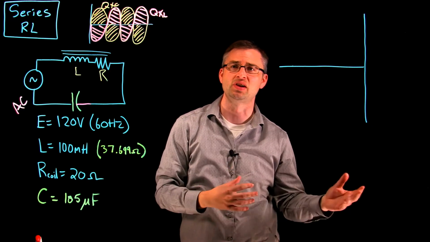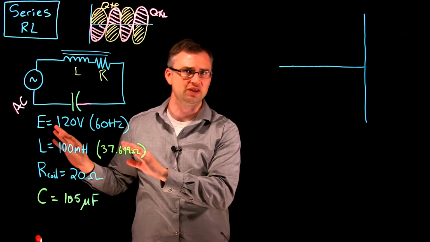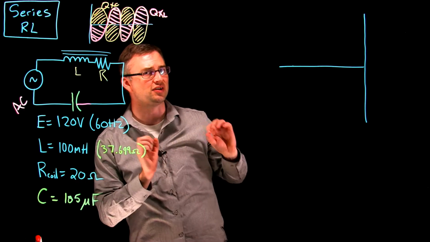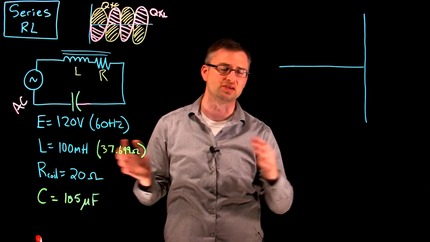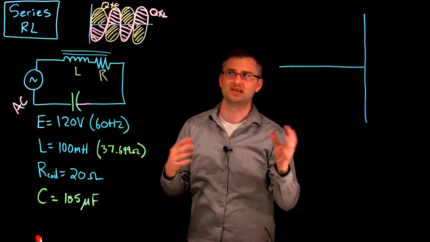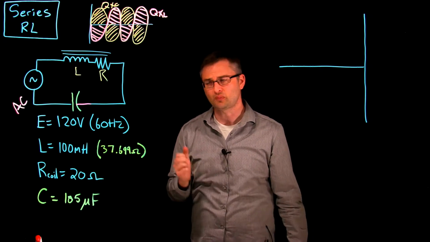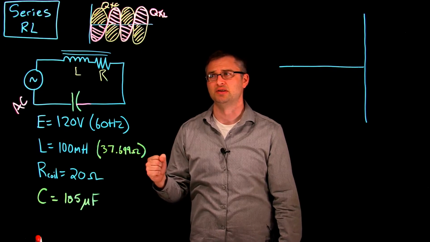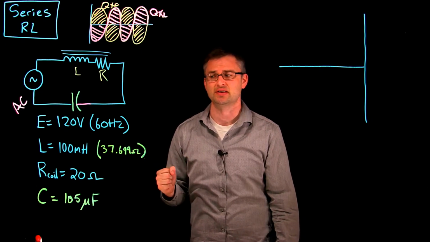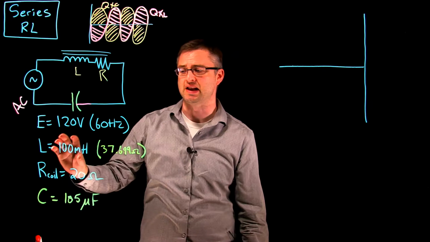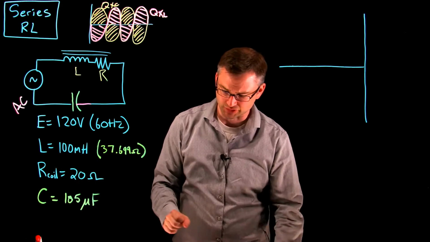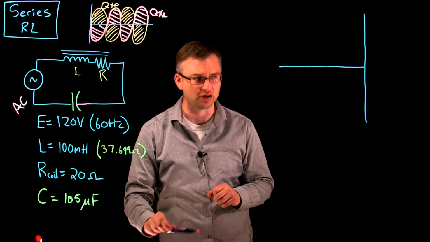So when one is charging up, the other one is discharging, and when the other one is discharging, this one is charging up. They're complete opposites to each other, back and forth, and they can oscillate. So this is something that we need to take into account when we look at an RLC circuit, particularly when we're looking at XL and XC. So this is how we got to do it and put it into our impedance calculation.